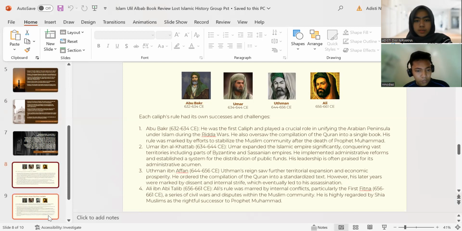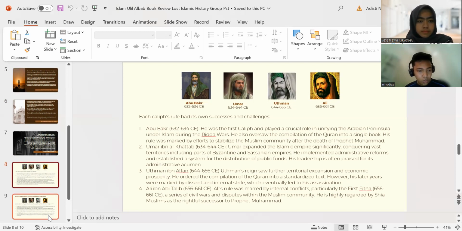He was the first caliph and played a crucial role in unifying the Arabian Peninsula under Islam during the Ridda Wars. He also oversaw the compilation of the Quran into a single book. His rule was marked by efforts to stabilize the Muslim community after the death of Prophet Muhammad.